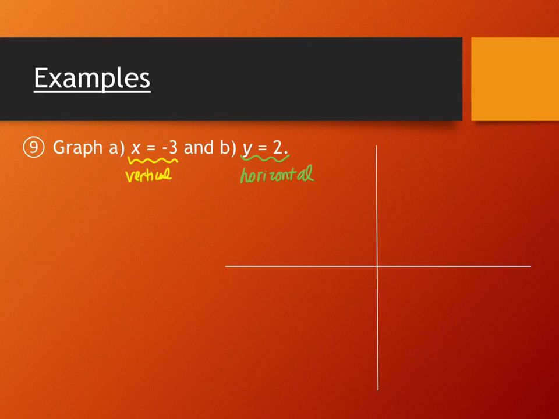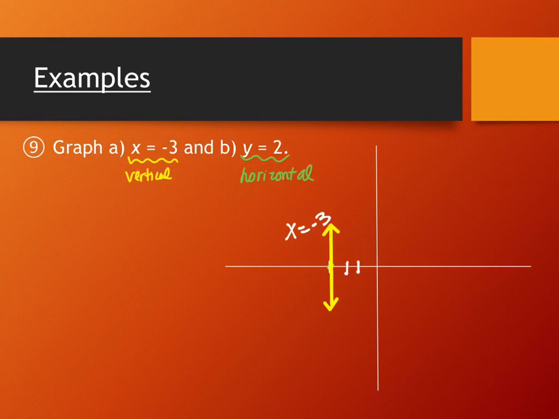So if I'm looking at my x equals -3, well, x is -3 if I move left 3. And I need a value that is left 3, and it goes through that point, and it's vertical. So the vertical line that I would be drawing would look like this. That's the vertical line, x equals -3.